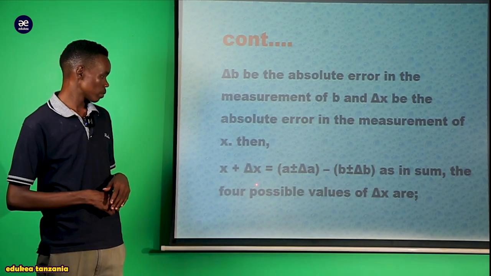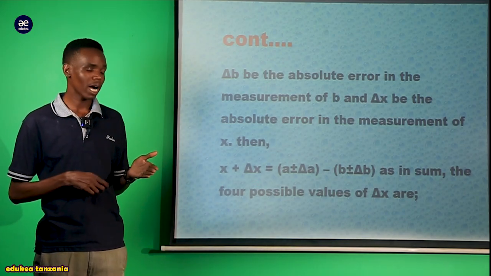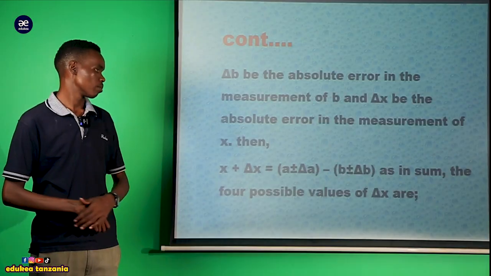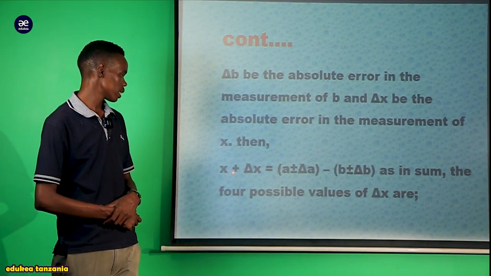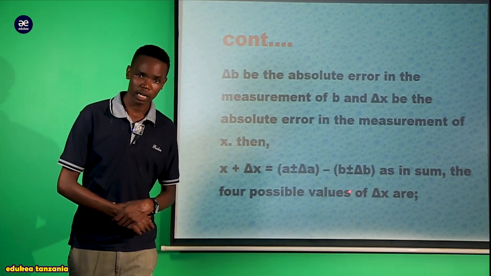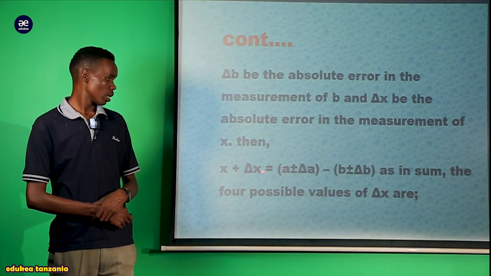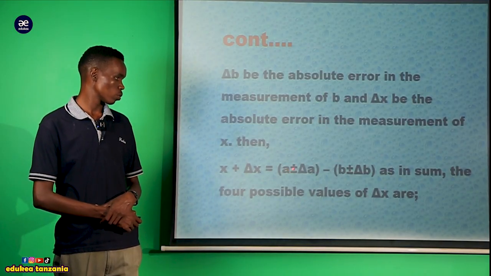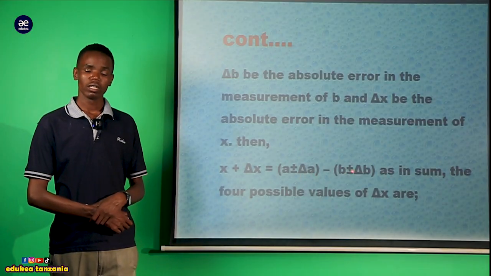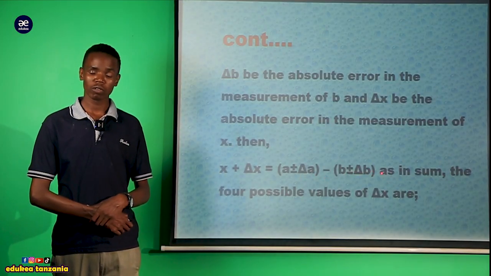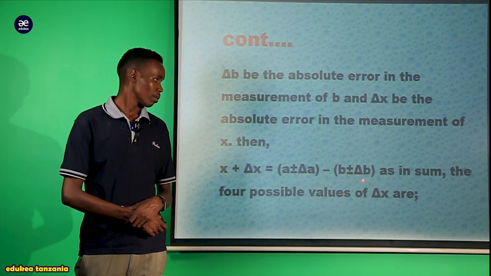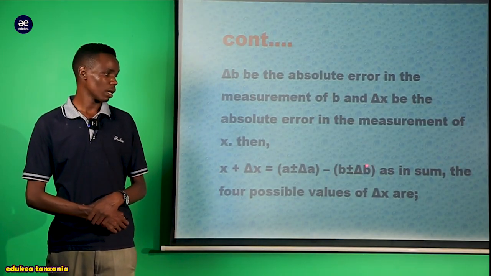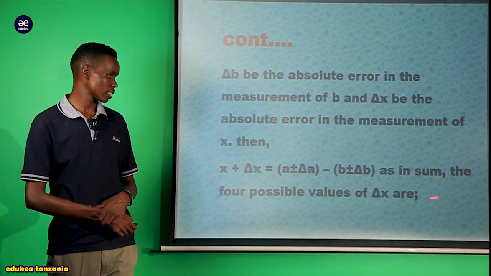Then what we do next is introduce plus or minus on both sides. We take x plus or minus the absolute error of x equals bracket a plus or minus the absolute error of a, minus bracket b plus or minus the absolute error of b, as in the sum.